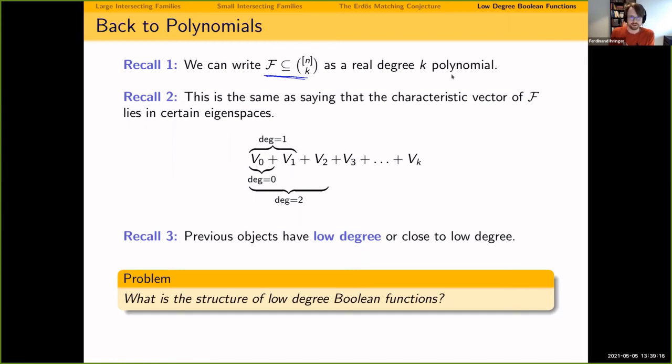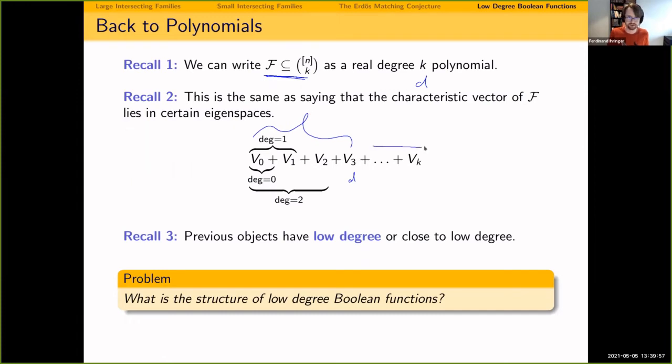That corresponds to just being in the first k plus 1 eigenspaces, or if we write it as degree d, then it's just being up to the dth eigenspace here. And in all the examples I discussed for large intersecting families, we saw that being large as an intersecting family corresponds to having relatively low degree, sitting mostly in these eigenspaces and not having much in the remaining eigenspaces.